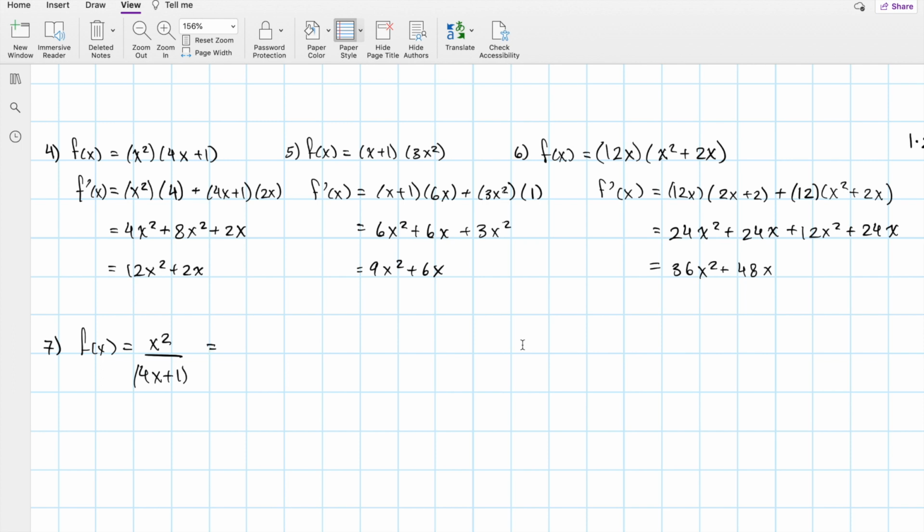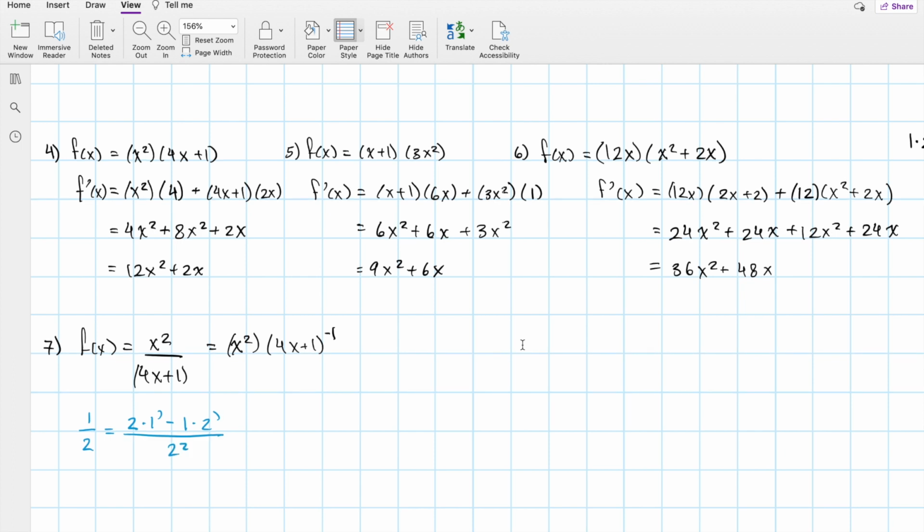We have x squared, this is the same as writing x squared times 4x plus 1 to the negative 1, which incorporates product rule and power rule, right? We have a power and a multiplication. But I'm going to do it using the quotient rule. Again, to remind you, if we have 1 divided by 2, that's going to be 2 times the derivative of 1 minus 1 times the derivative of 2, over 2 squared, right? Top and bottom.